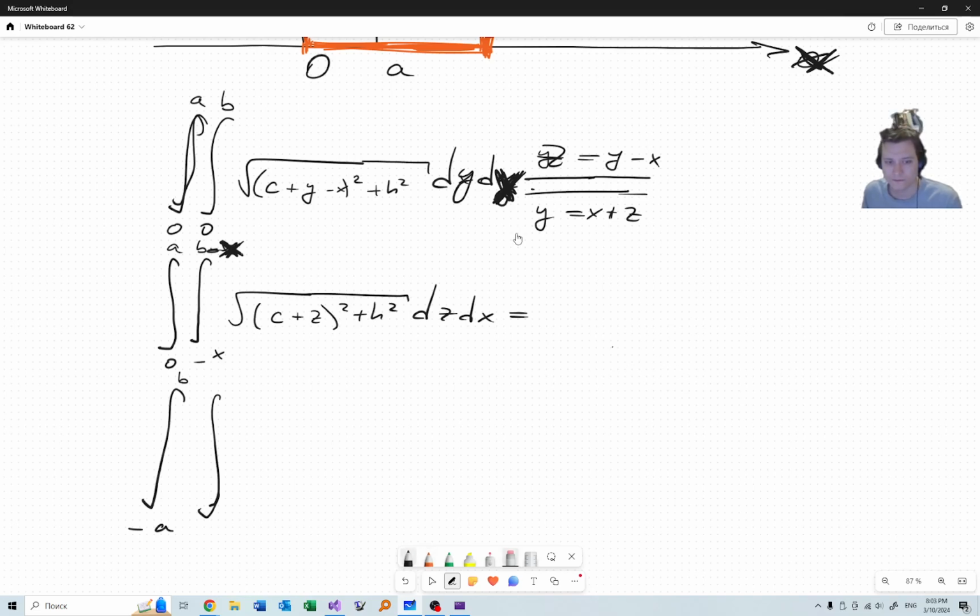Okay, we know that z is between x and b minus x. So we know that x is between minus z and b minus z.